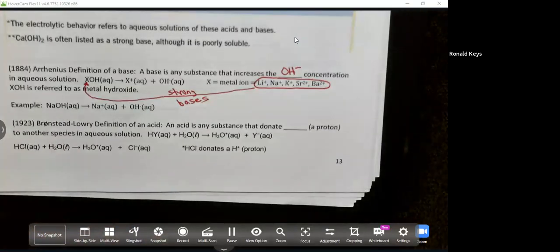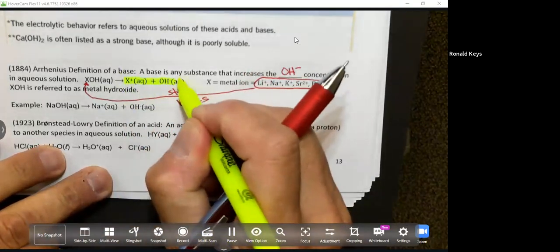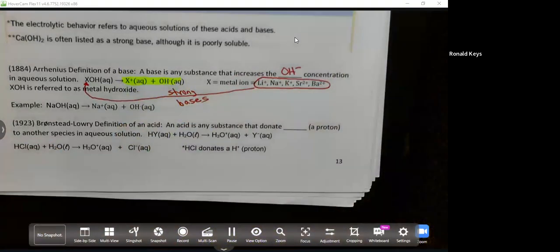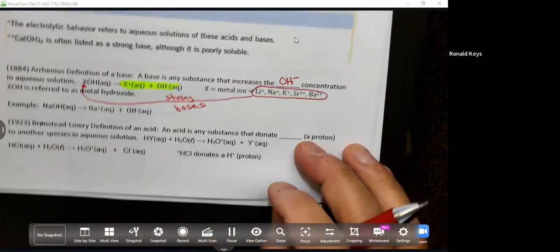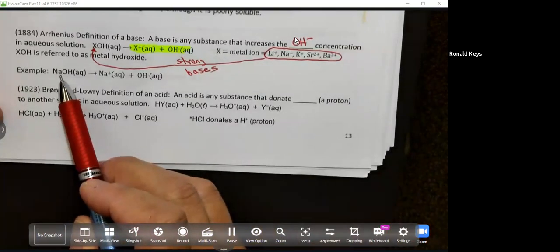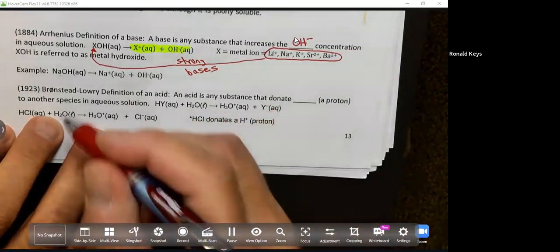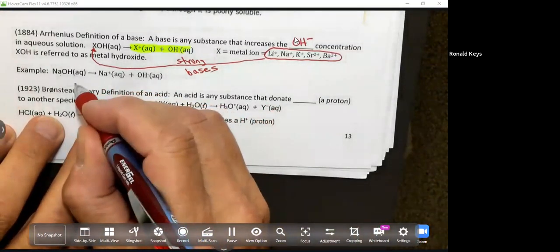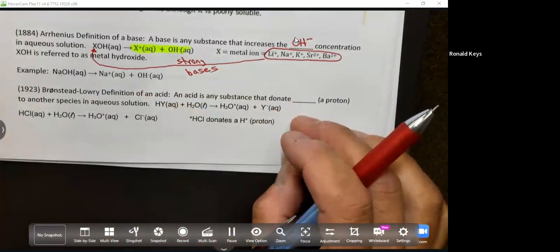If it's strong, you get all ions, right? 100% ions here. And the easiest example, sodium hydroxide. Sodium hydroxide, all ions, 100%.